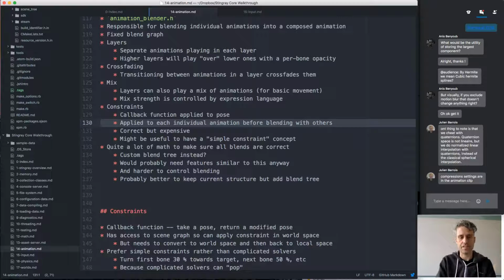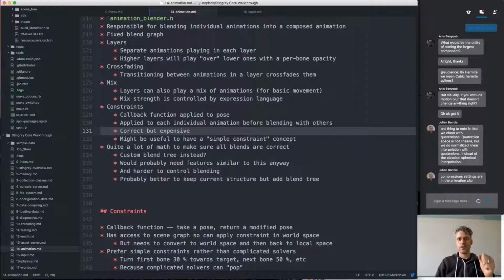An interesting thing to note about the way our constraints work is that the constraints are applied to each individual animation before they go into the blend graph and start blending with other animations. And so this is important for getting correct blends of these constraints.